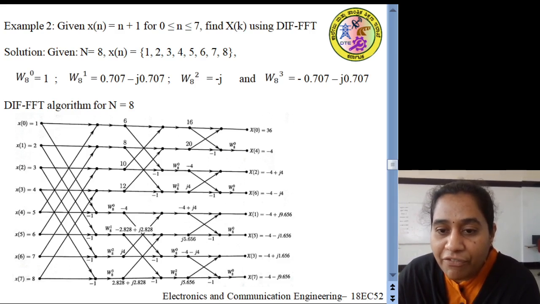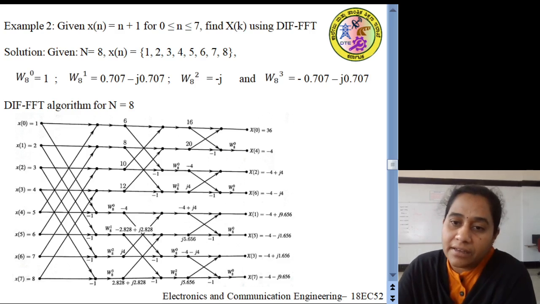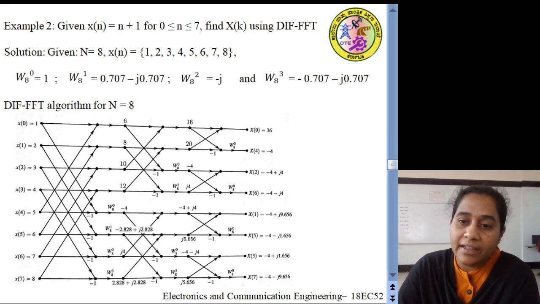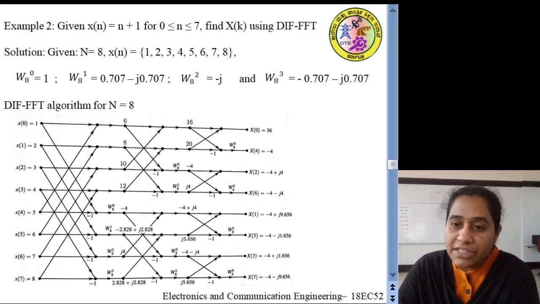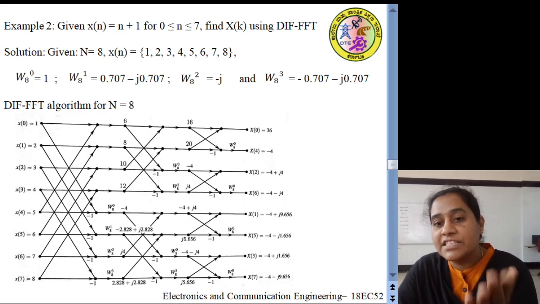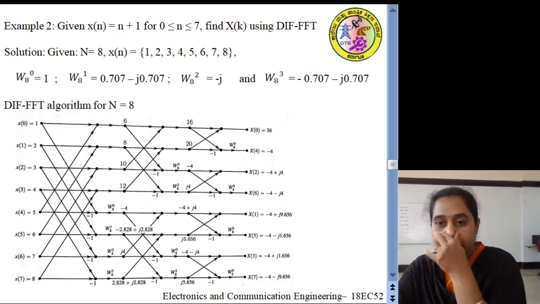After finding the second stage of computation, we obtain the outputs as 16, 20, minus 4, j4, minus 4 plus j4, j 5.656, minus 4 minus j4, j 5.656. So these outputs of the second stage we now consider as inputs to the last stage, that is the third stage.